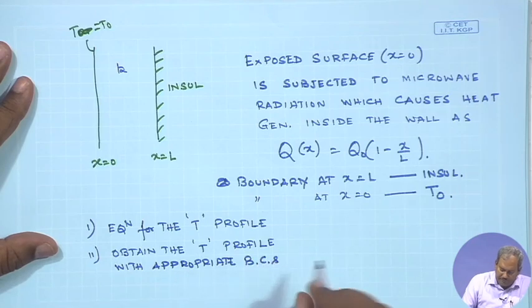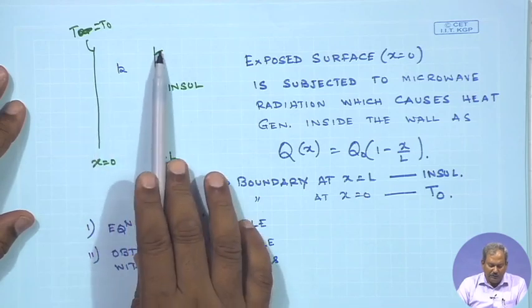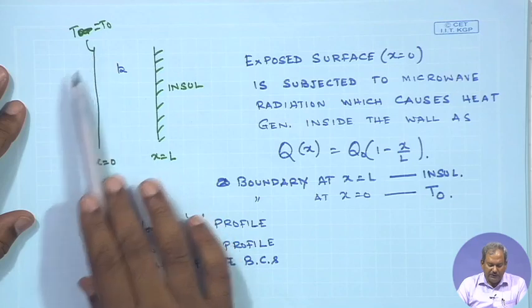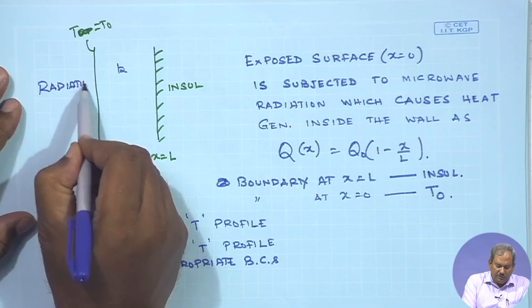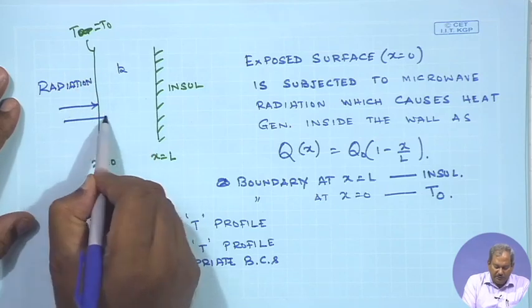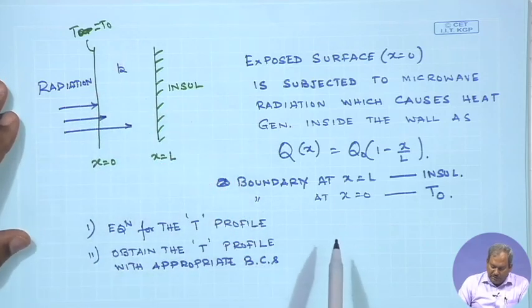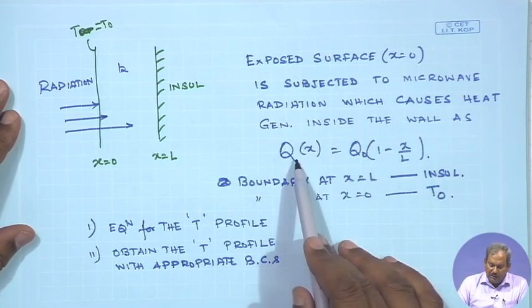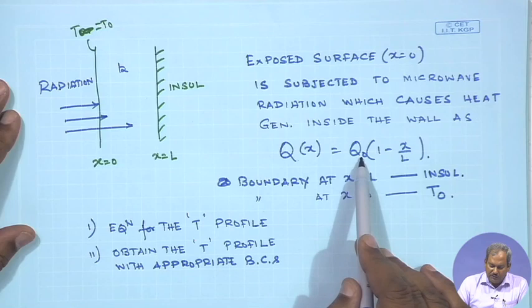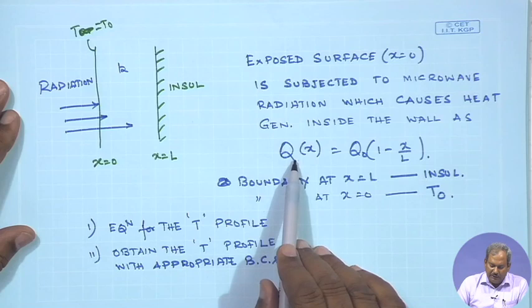So, once again we have a wall, one side of it is insulated, the other side is exposed to microwave radiation. So, you have radiation falling on it and getting absorbed inside the wall material, and the radiation causes the heat generation inside the wall as q of x equals q naught, which is a constant, times 1 minus x by L. So, as x increases, the amount of heat which is generated gets smaller and smaller.